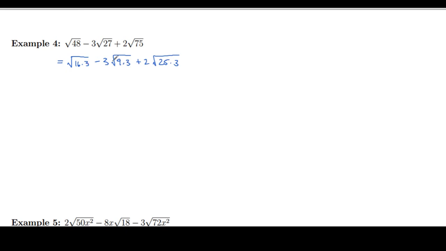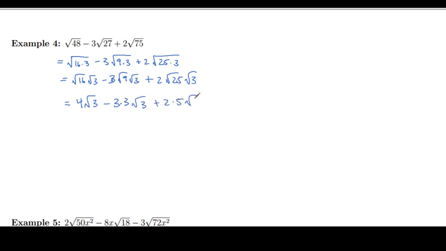That's looking promising because we have a factor of 3 in each of these, and the other factor is a perfect square. So we'll have root 16 root 3 minus 3 root 9 root 3 plus 2 root 25 root 3. So this is 4 root 3 minus 3 times 3 root 3 plus 2 times 5 root 3.